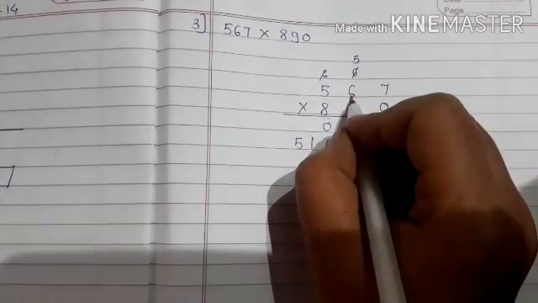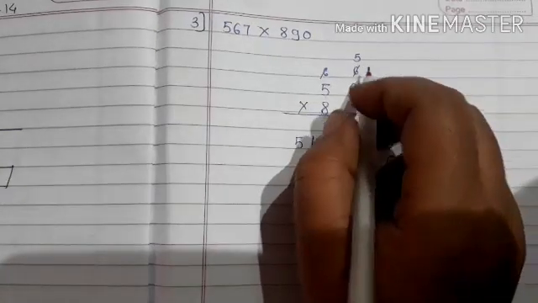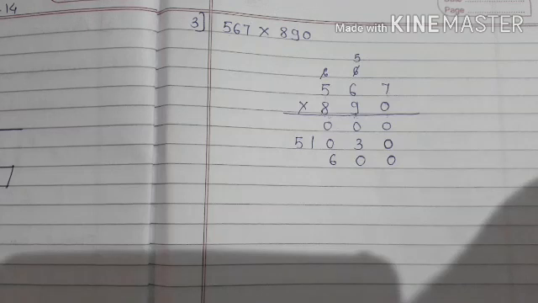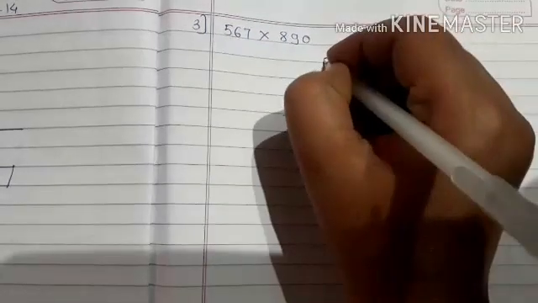Now 8 sixes are 48. 48 plus 5. After 48 count 5 fingers: 49, 50, 51, 52, 53. So for 53, 3 here, carry 5.